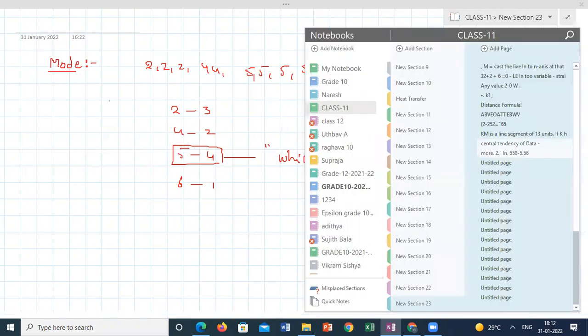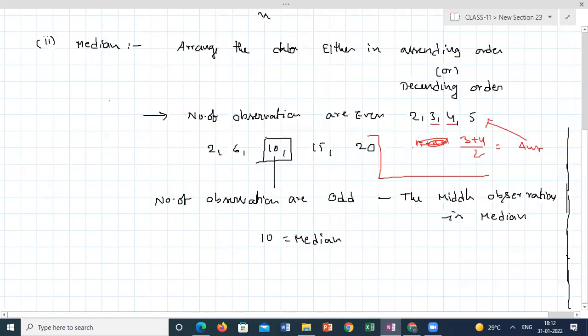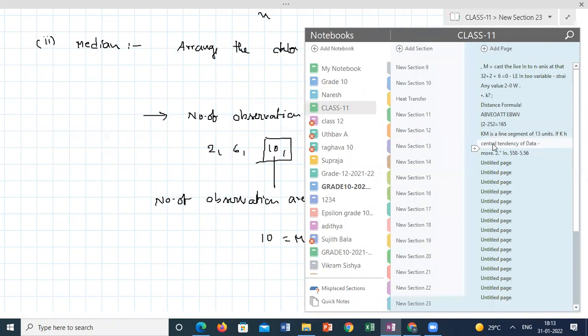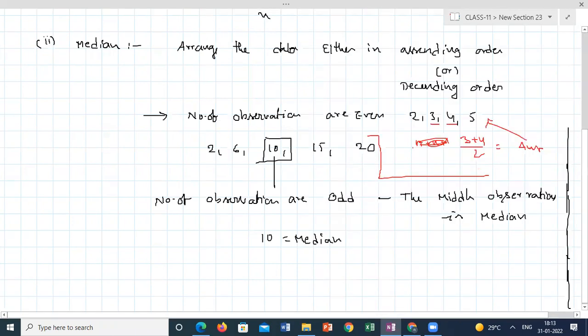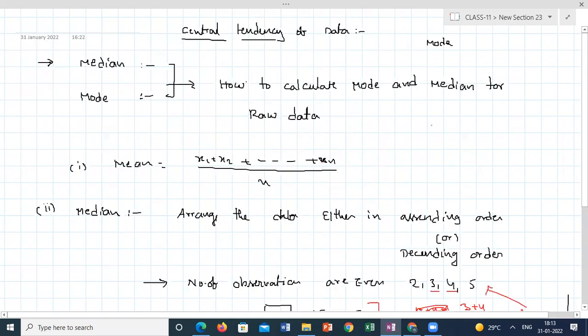See, I am teaching what we did in grade 9: how to calculate the mean, median and mode for raw data. I already told you about mean. To calculate the mean, just add all the observations and divide by the number of observations. This is the formula we use for mean.